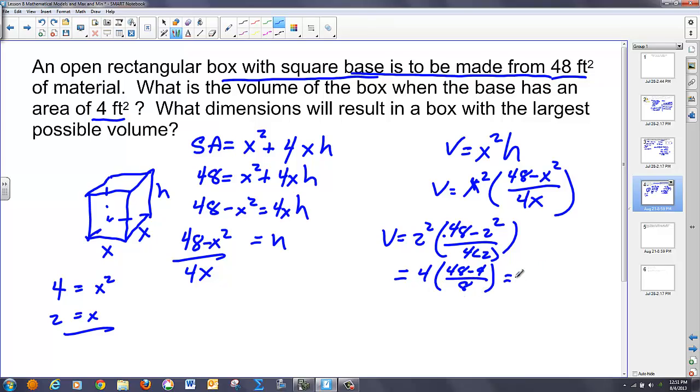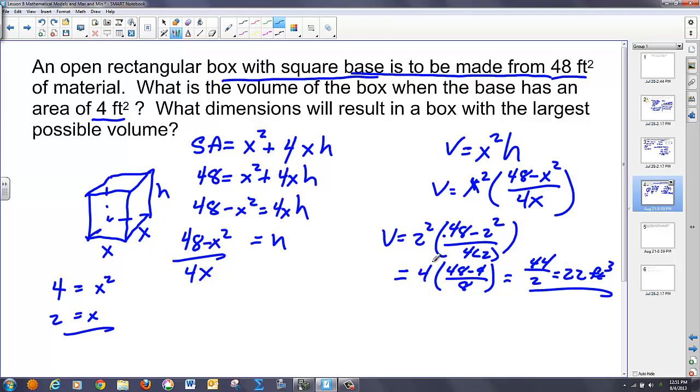The 4 and the 8 reduce to a 2, and 48 minus 4 is 44 over 2, or 22. What is this? It's in cubic feet.